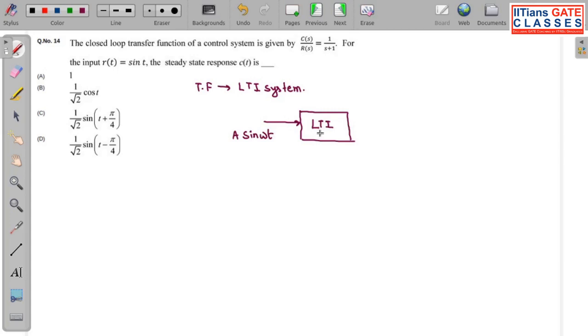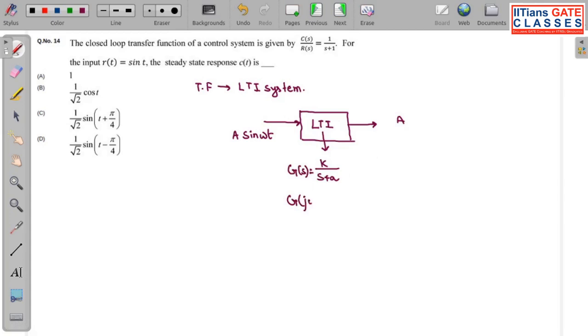Let me assume the transfer function of this LTI circuit as K divided by s plus A. So the output will also be sinusoidal. Let this be G(s).